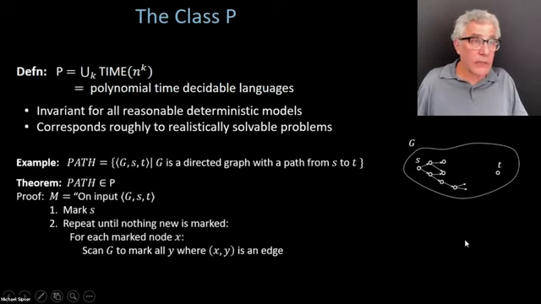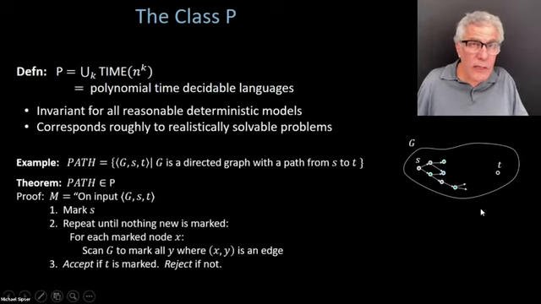And then see if T is marked after you have marked everything you can get to. Pictorially, you're going to mark all of the things that are reachable from the start node S, and then see, after you can't mark anything new, whether the node T is marked. If it is, you accept. If it is not, you reject.